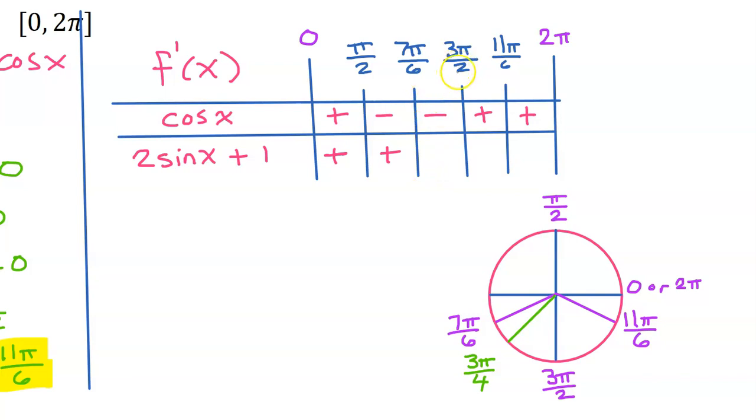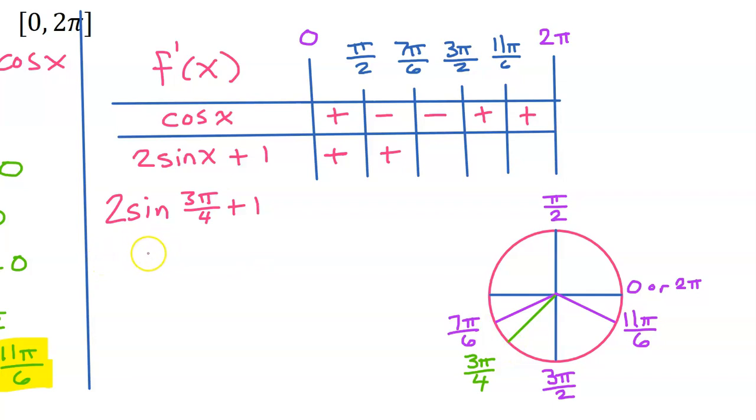Between 7 pi over 6 and 3 pi over 2, there is a value of 5 pi over 4. Let's use that because that's one of our special angles. So 2 sine of 5 pi over 4 plus 1. Well, the sine of pi over 4 is radical 2 over 2. We're in the third quadrant where sine is negative.